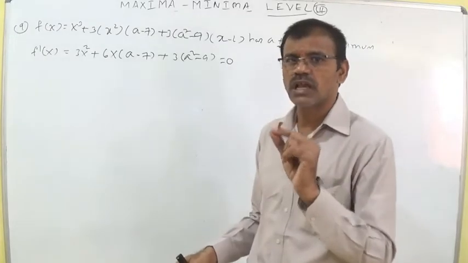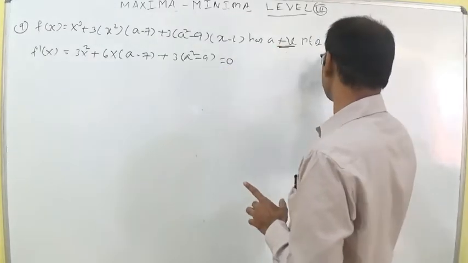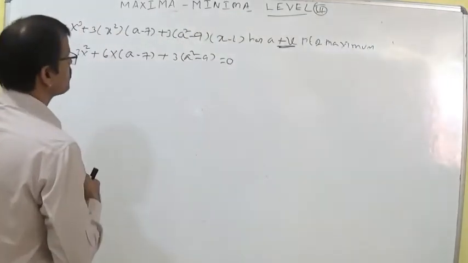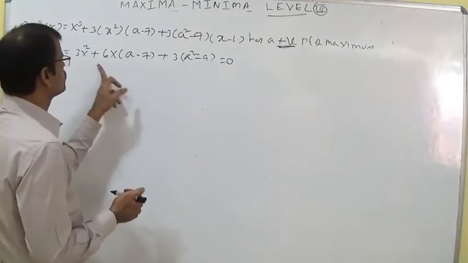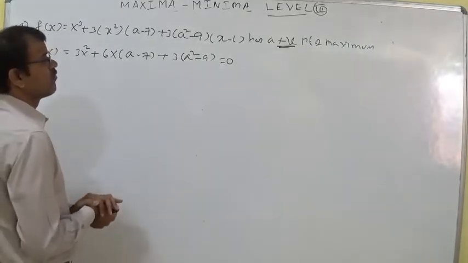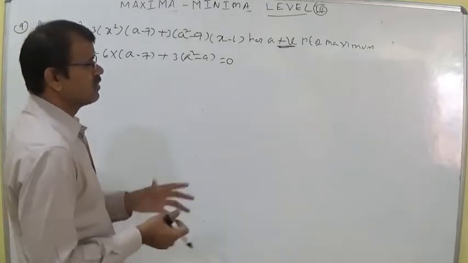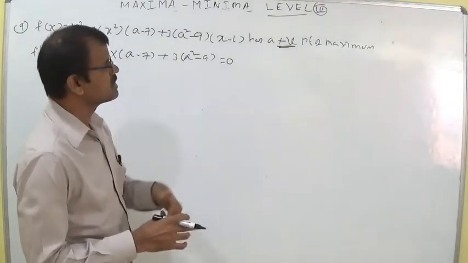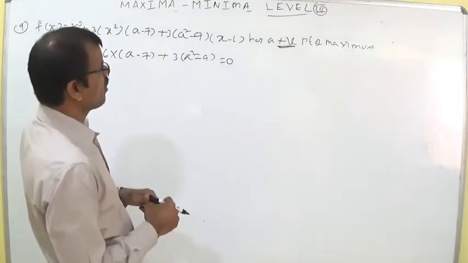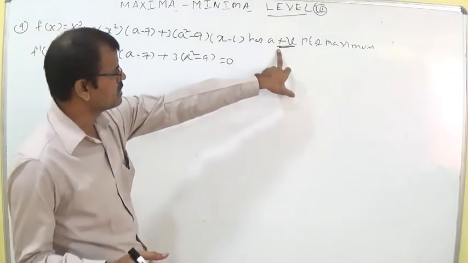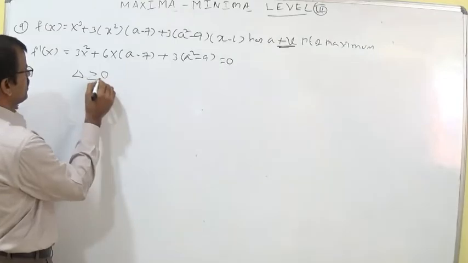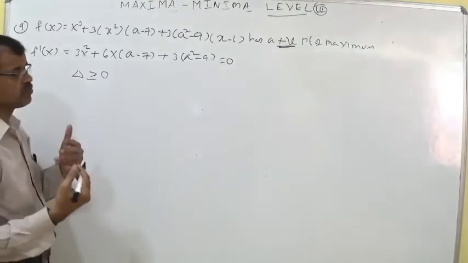He is asking about the positive point of maximum, so the roots should be real and distinct. Otherwise, the roots are imaginary. So the roots should be real and distinct.